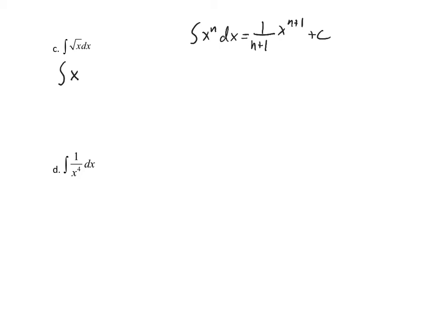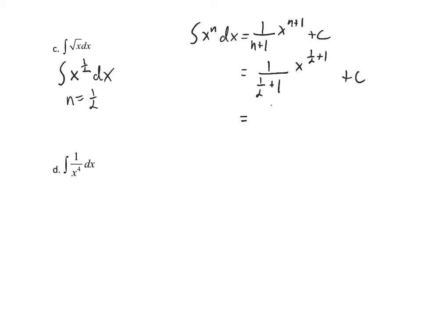And if you remember, we can rewrite that square root as x to the 1/2. And so now I can see my n is 1/2. So using that, we would have 1 over 1/2 plus 1, x to the 1/2 plus 1, plus c.